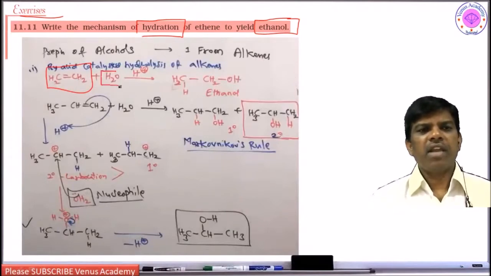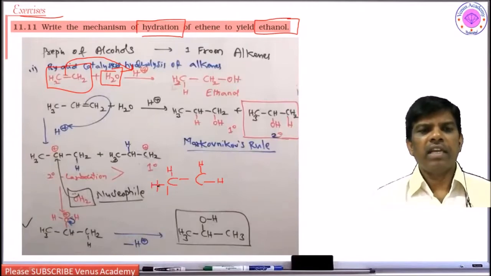Yes, so this is a mechanism where hydration takes place. This double bond takes a proton to give intermediate of this carbocation. Let me write. So if it is ethene, it is going to form H plus. So this hydrogen is already here, and it is having 3 hydrogens here.